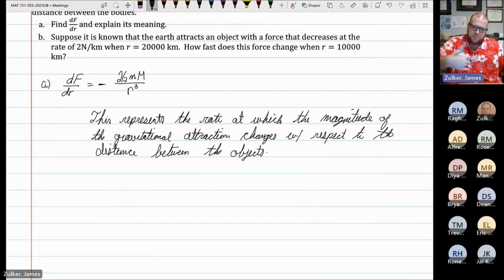So what this is saying is the further apart the objects get, the less gravitational attraction there is between them.